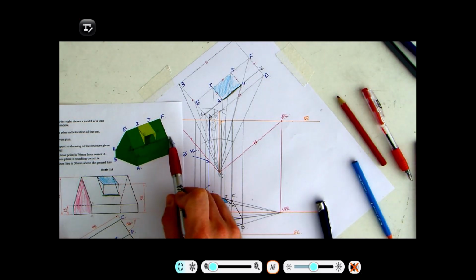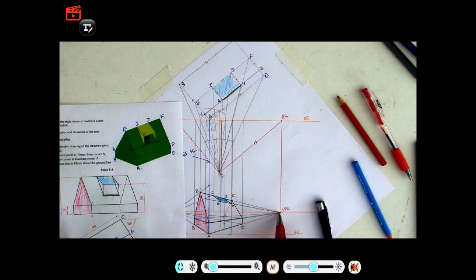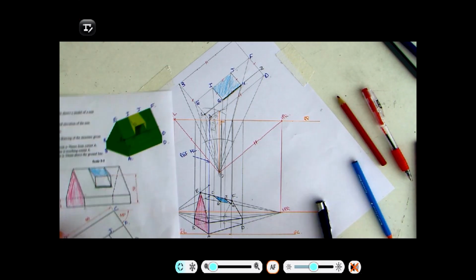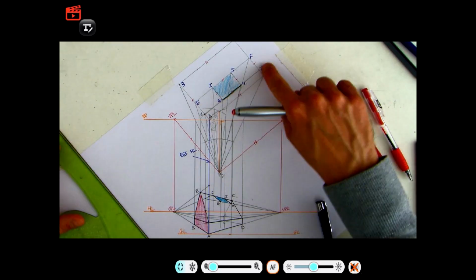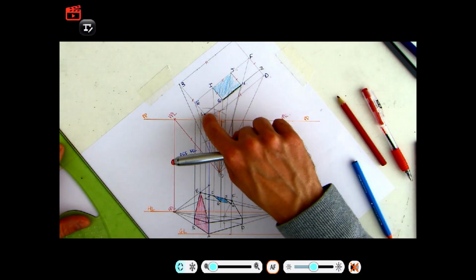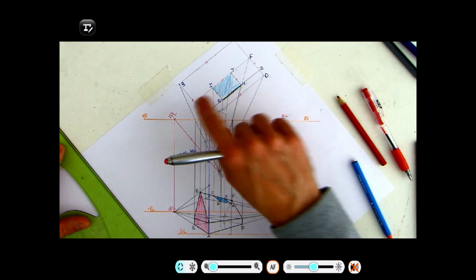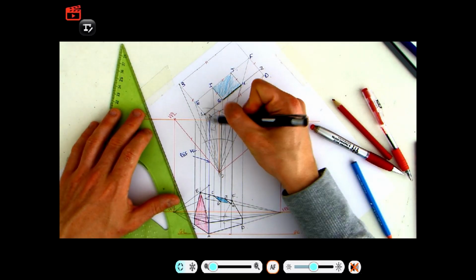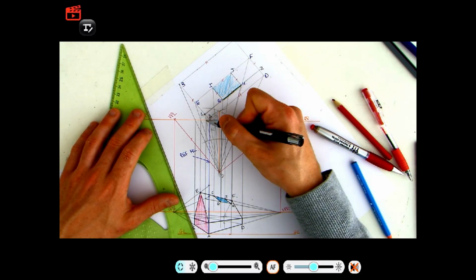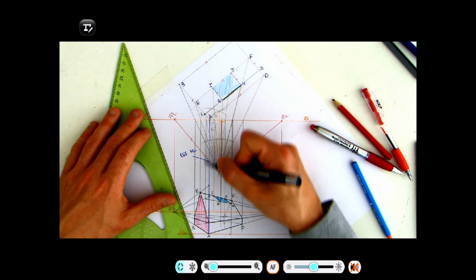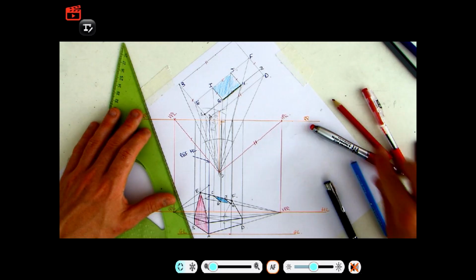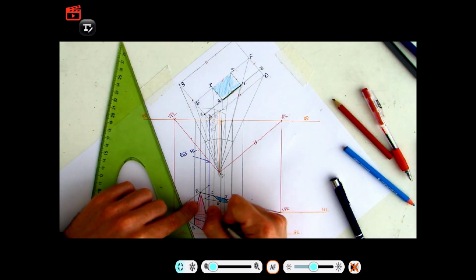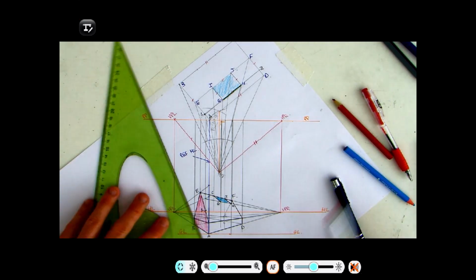I can then bring that back to the VPR, and that will find me the bottom of G and H. So, I've continued this line on here. 1 is on the line AE, the sloped line AE. AE is here. I bring 1 to the eye of the spectator, which I've already done. Where it hits the picture plane here, I bring it straight down, and wherever it crosses the line AE gives me the exact location of point 1.